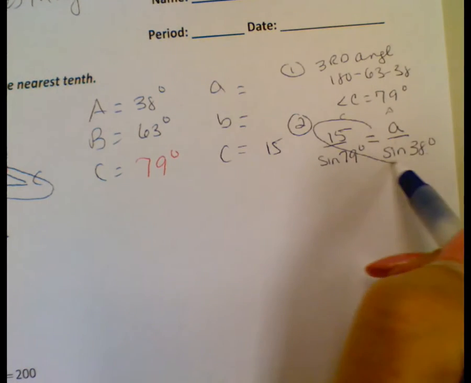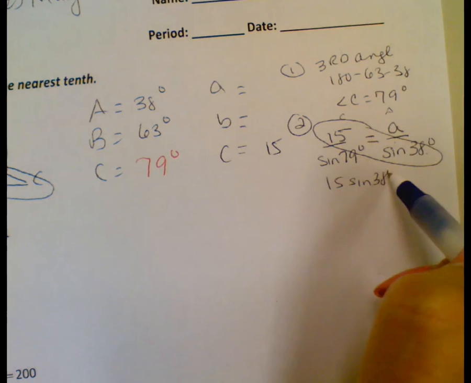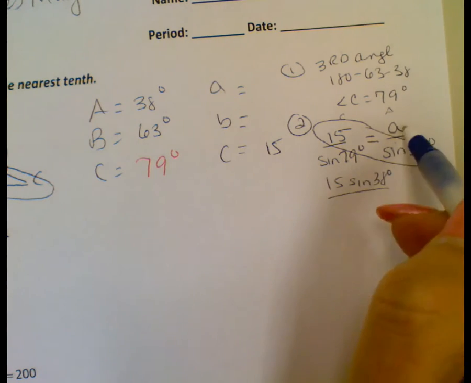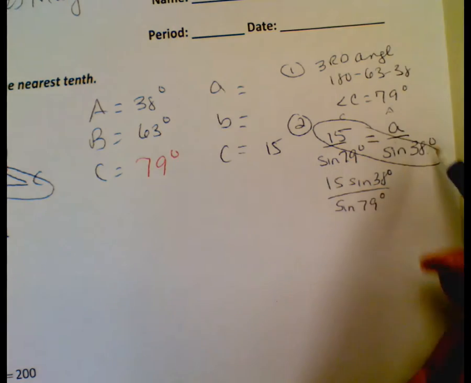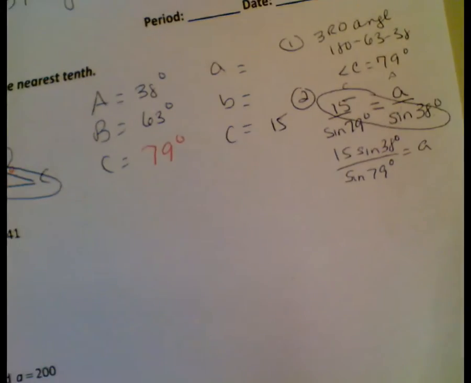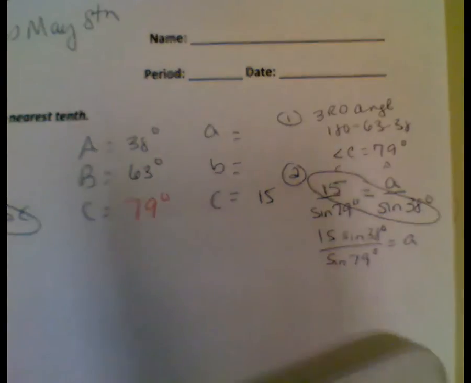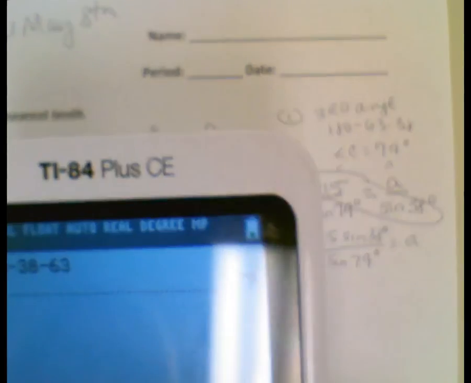So when you cross multiply, you do this, 15 times sine 38. And then you always divide by the one across from A. So the sine 79 should be on the bottom because it's across from A. All this equals A. So it's a matter of punching this in your calculator. So it is 15 sine of 38.